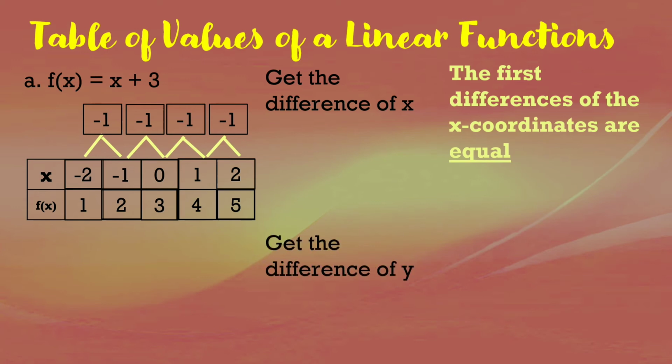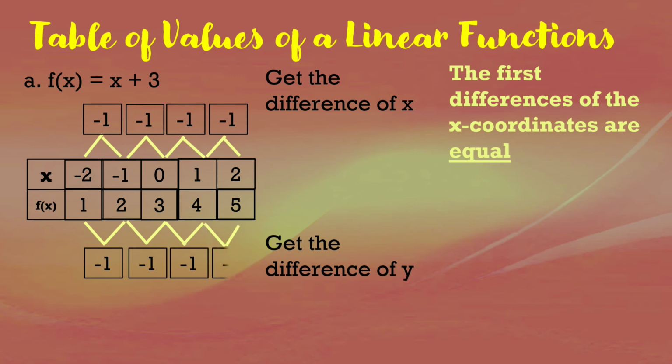Let's have the difference of y. We can also go left to right or right to left. The same answer comes out, only the sign changes, depending on the direction of taking the difference. I am using left to right. So, let's have 1 minus 2, we have negative 1. 2 minus 3, negative 1. 3 minus 4, negative 1. And 4 minus 5, negative 1.